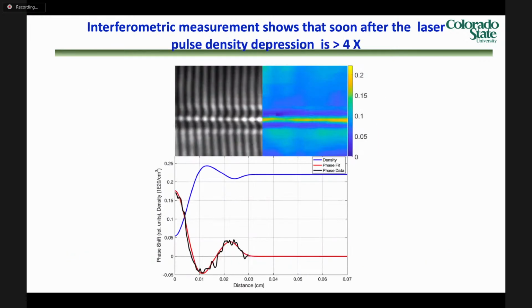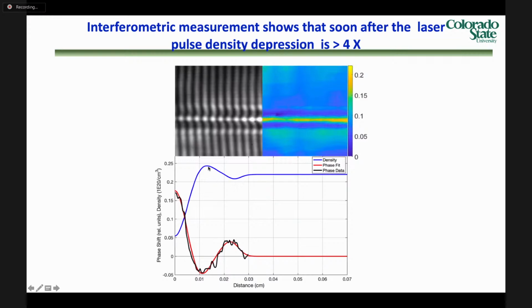Then we did interferometry in the proximity of, or soon after, the arrival of the laser pulse, and measured the density depression right after the filament is created. Here's an example of a measurement, and this is the reconstructed density profile.